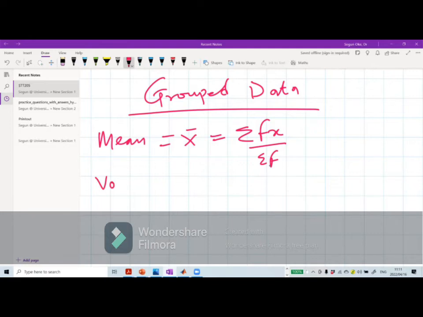Then the variance is equal to summation of f, in your book, X absolute value.